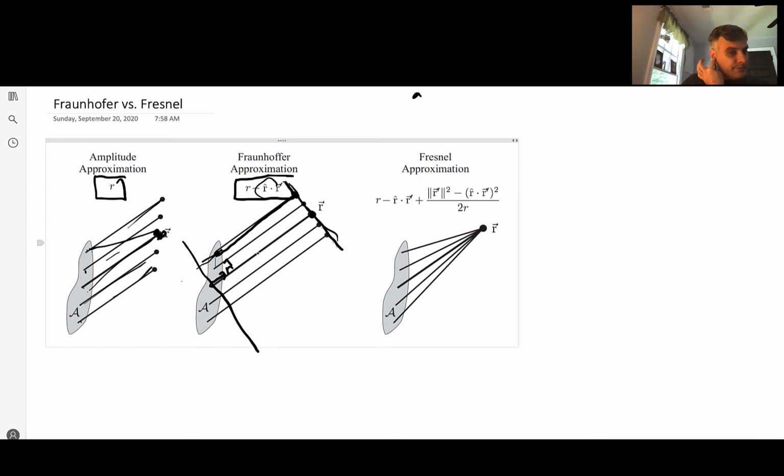Now that is not a bad approximation, and it gets very accurate once you get an appreciable distance away from the radiating aperture.